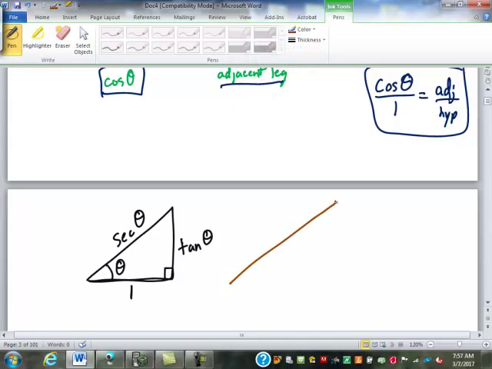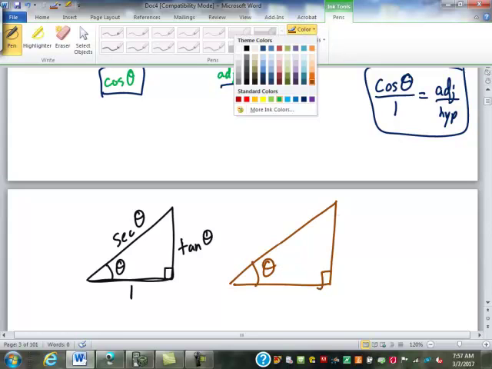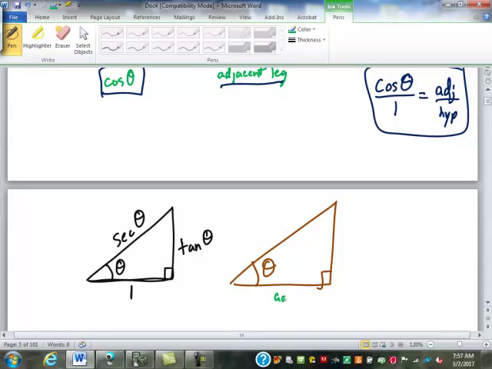So once again, looking at this triangle, where this is theta, so it's similar. This is the adjacent side. This is the opposite side. This is the hypotenuse. The tangent, I would do tangent and 1 because those are the tangent's the side I'm looking at and 1 is the side I have.